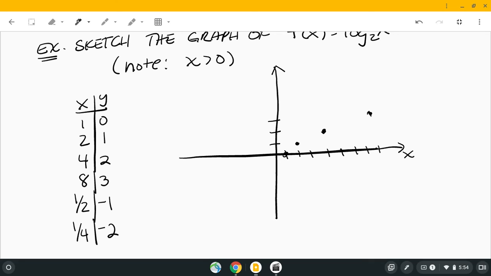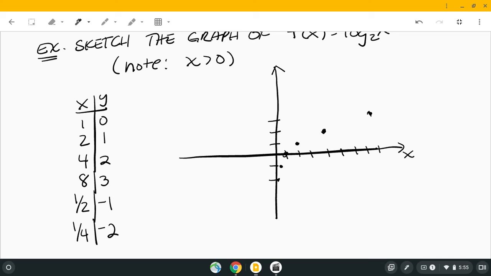And then over here, 1/2, -1, and then 1/4, -2.